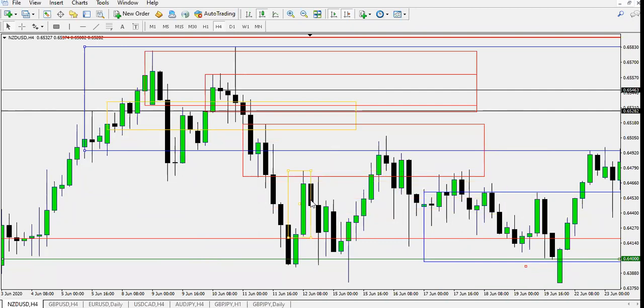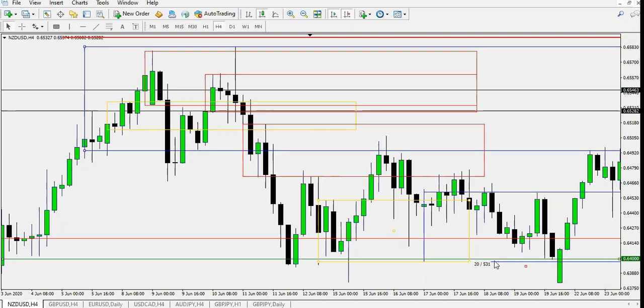So this green candle over here was the last bearish order block before our source was created, and we can see that price traded through that into our other order block, into our daily order block, and rejected that bearish order block.